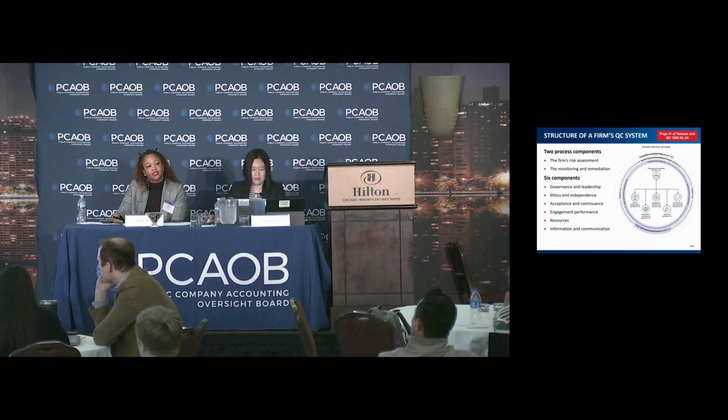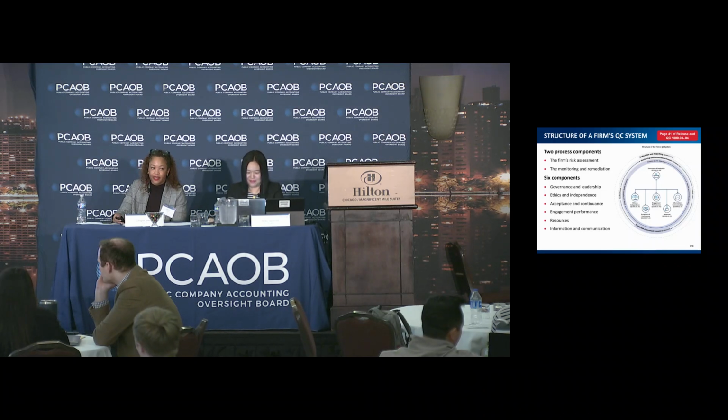If your firm is subject to the requirements of other quality management standards, you do not need to maintain separate quality control systems, one for QC 1000 and one for ISQM1 or SQMS1. Firms can develop a single QC system for their entire practice that satisfies PCAOB requirements and the requirements of other professional standards to which the firm is subject.